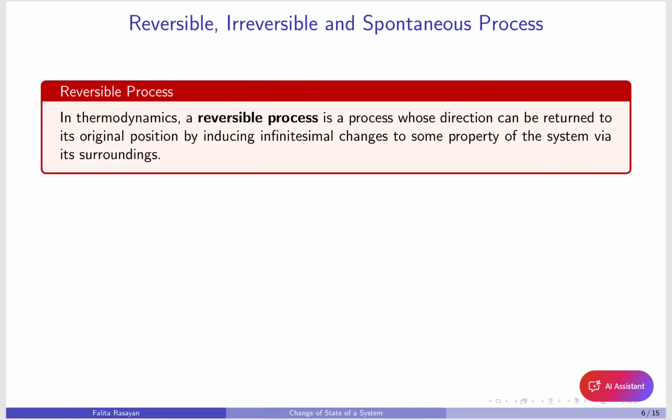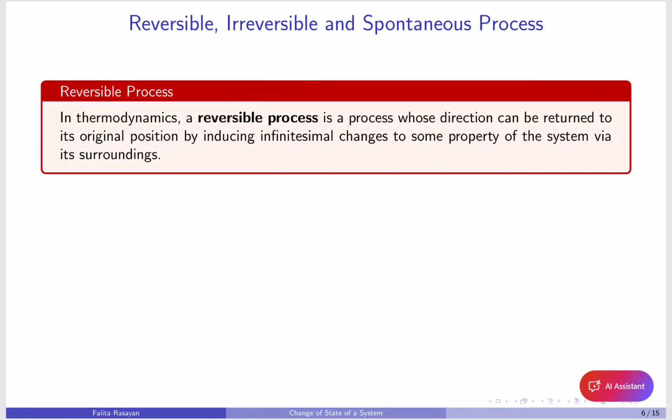Moving forward, we have three very important things: reversible, irreversible, and spontaneous process. What is a reversible process? In thermodynamics, a reversible process is a process whose direction can be returned to its original position by inducing infinitesimal changes to some property of the system via its surroundings. What happens actually is that a reversible process takes place in infinitesimal steps.